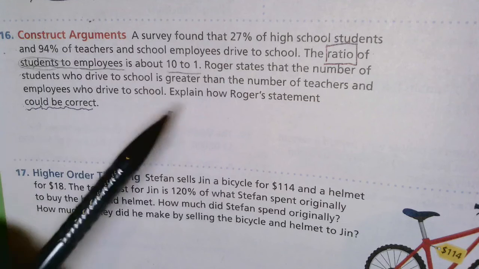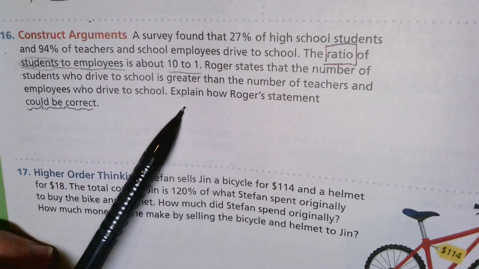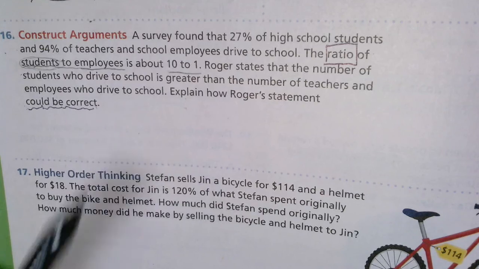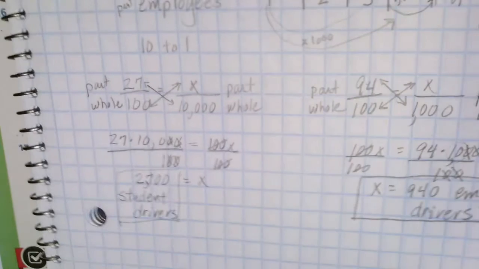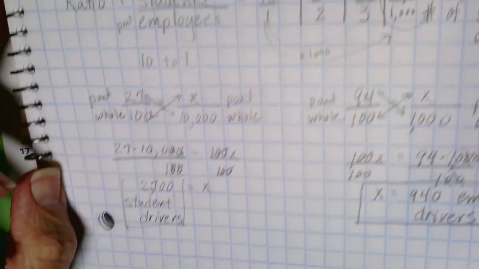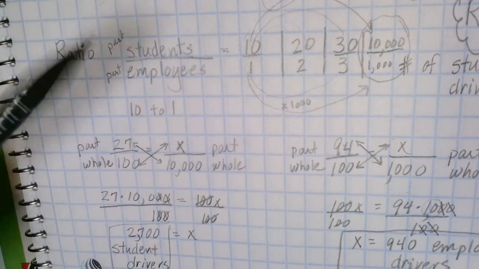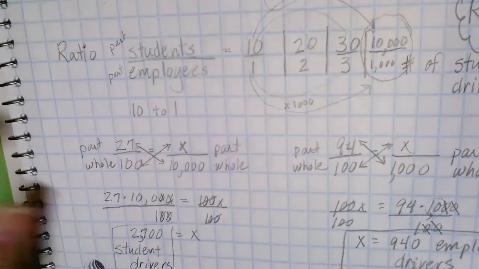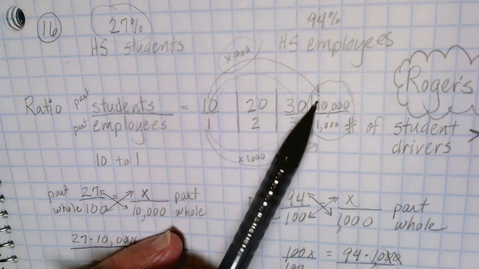Our question: explain how Roger's statement could be correct. Well, we just looked at a situation here where we had a fictitious school where we used the ratio of 10:1 to determine the population of the number of students in a school.